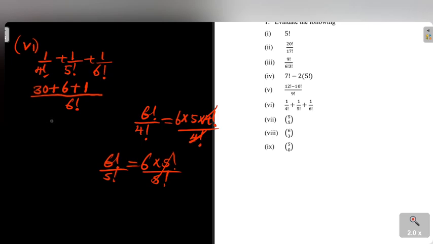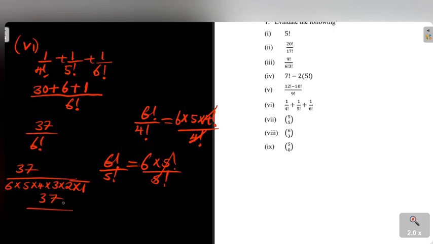So now we can see that 30 plus 6 plus 1 will give us 37. That is now over 6 factorial. 6 factorial is 6 times 5 times 4 times 3 times 2 times 1. So now we have 37 over 6 times 5, that's 30.